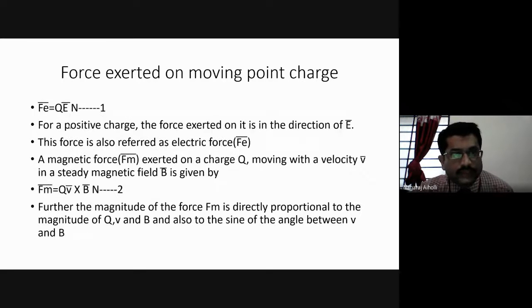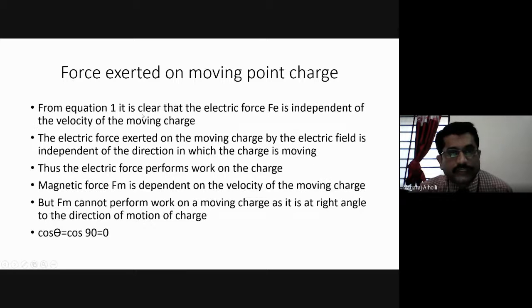Now, if we look into equation 1, we come to know that the electric force in electrostatics is not proportional to the velocity V of the charge. From equation 1, it is clear that the electric force Fe is independent of the velocity of the moving charge.